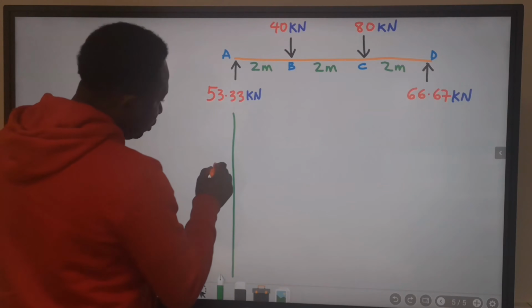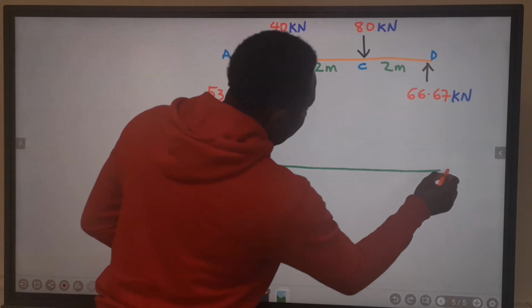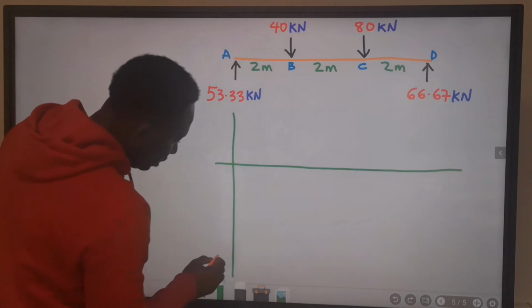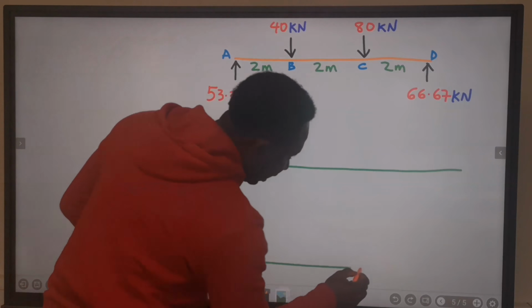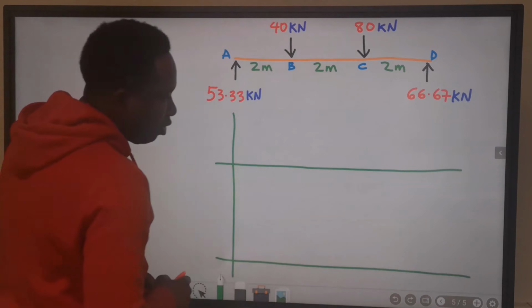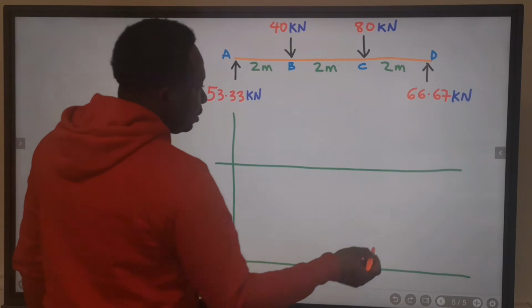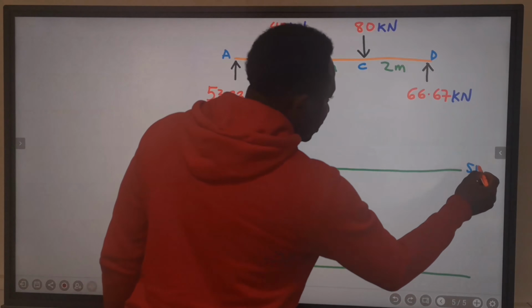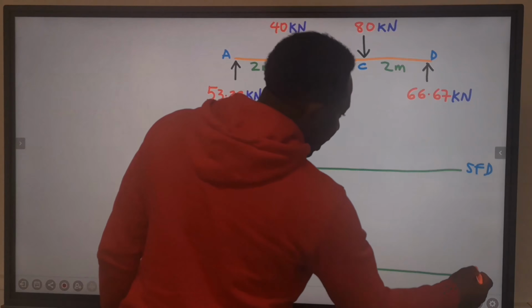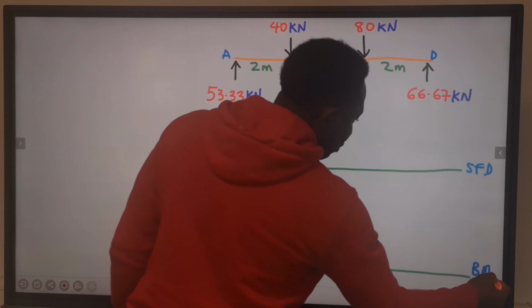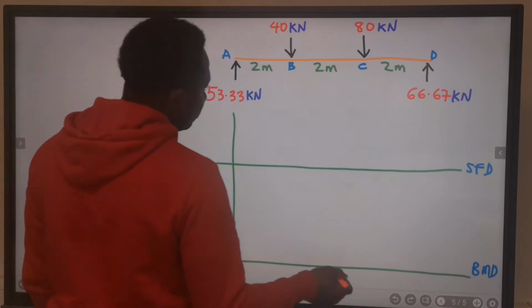Next, I will draw a line for the shear force, then I will draw another line for the bending moment diagram. So this is for the shear force diagram, and this is for the bending moment diagram.